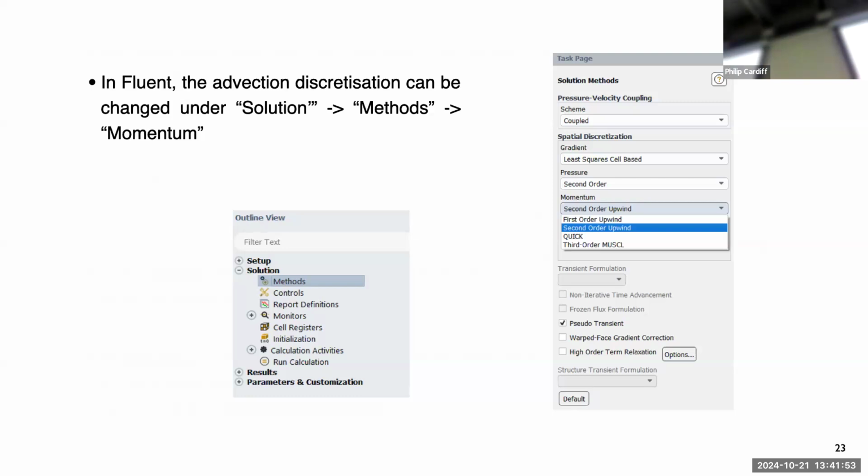You can go second order upwind or first order upwind, and both of those should be stable. First order will be more stable, but it will produce a very large mesh error. In fluid mechanics problems, first order upwind tends to just smear everything. If a streamline wants to go sharply around the corner, it tends to smooth it out and not let it go sharply around the corner. So it changes the solution quite a lot unless you have a very fine mesh. There are other methods. Third order MUSCL is another, and the QUICK method, another acronym for a particular type of method, which I think is second order.